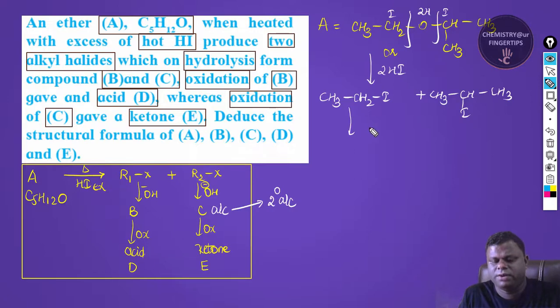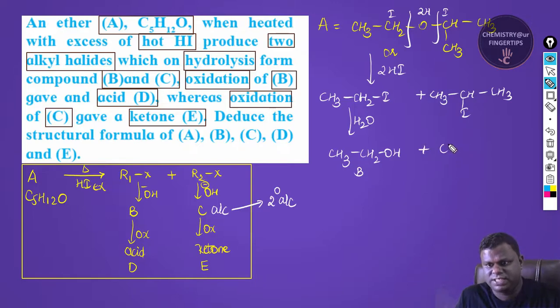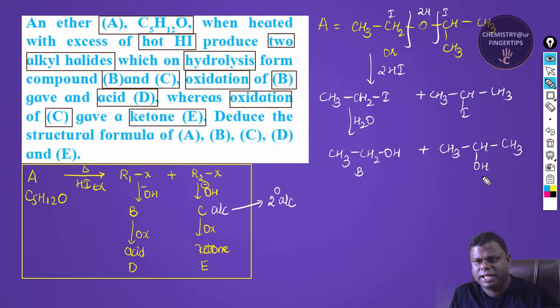Now this on hydrolysis, what do you get? CH3CH2OH, and this is your compound B. And then plus you have CH3CH(OH)CH3. So this is 2-propanol and ethyl alcohol, and this is your compound C.